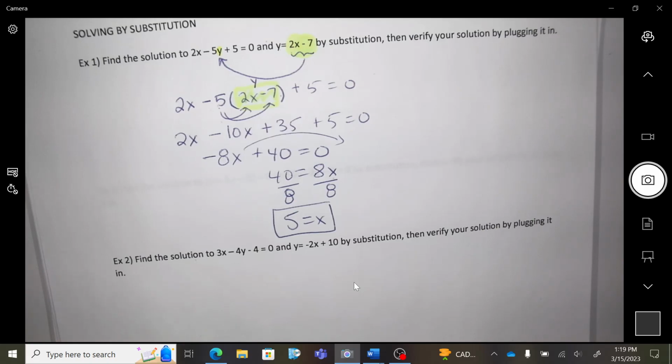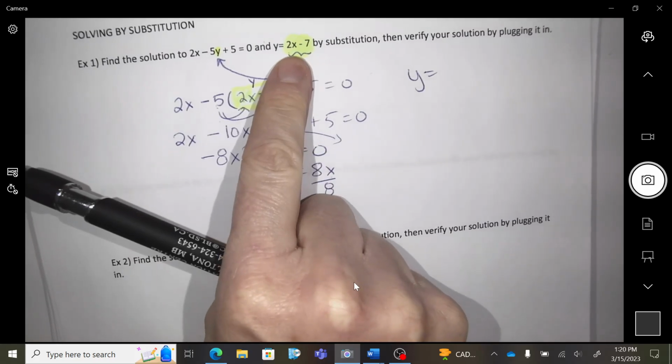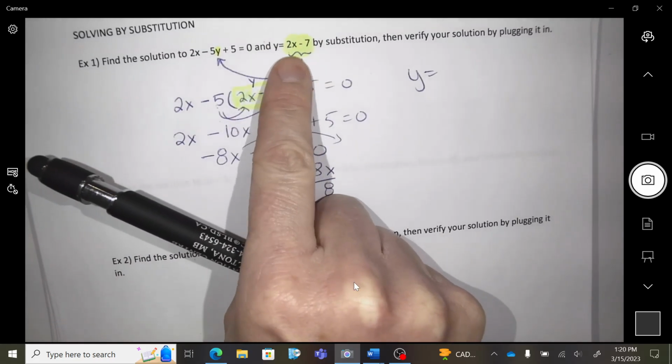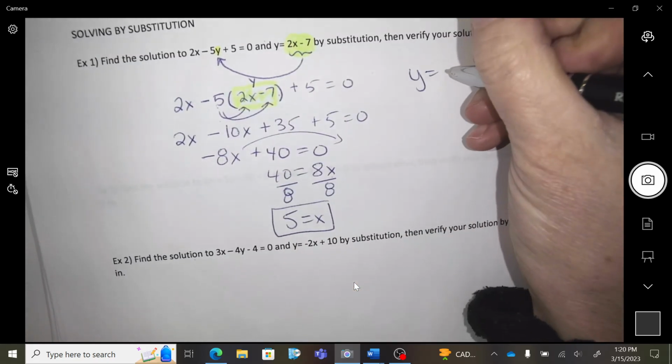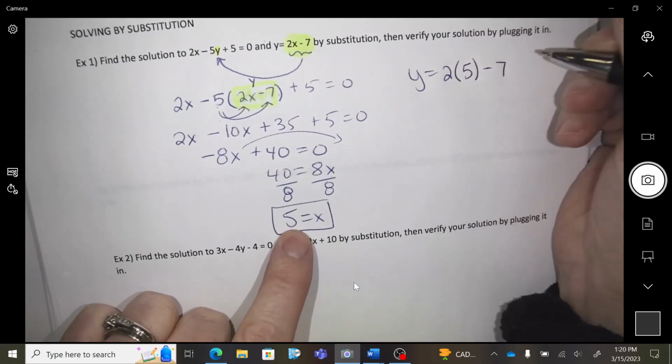But I'm not done, because what should it produce at the end? It should produce an intersection coordinate. So what else do I need? If I have x, now I need to go find the y. So I'm going to use this equation, it's way easier than this one, right? It doesn't matter, but this one's already set up for me. y equals 2 times 5 minus 7.